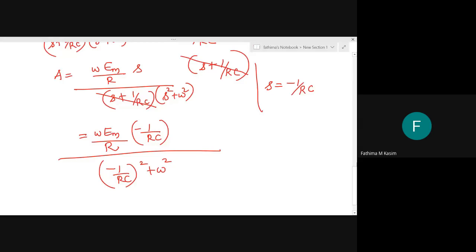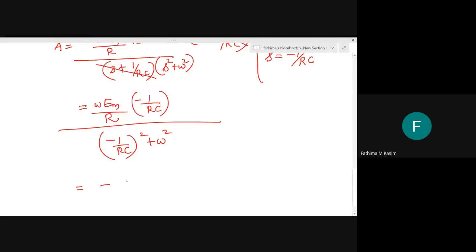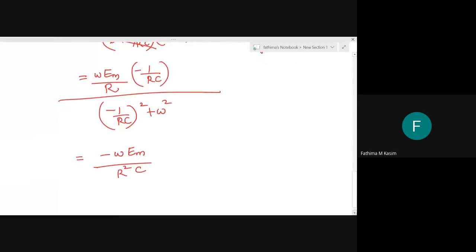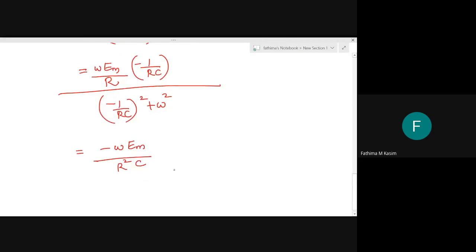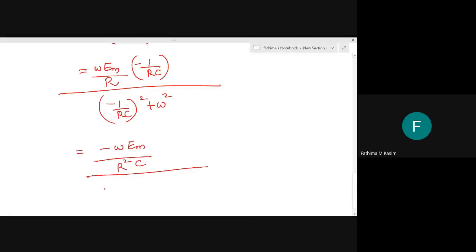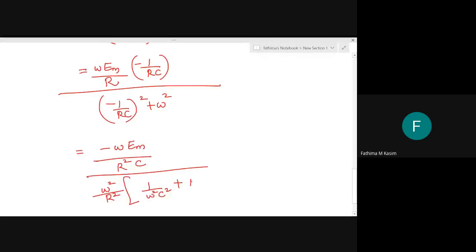So this can be written as minus omega Em divided by R square C divided by, I'm going to take omega square by R square outside. So this becomes omega square by R square into 1 by omega square C square plus R square.